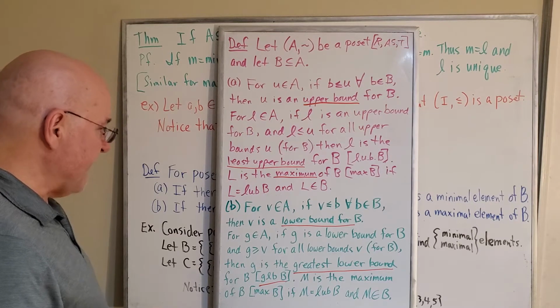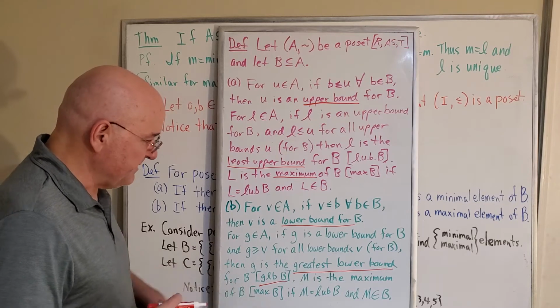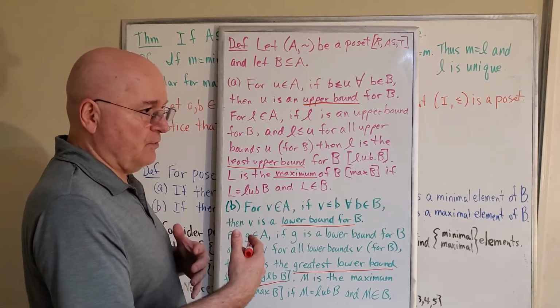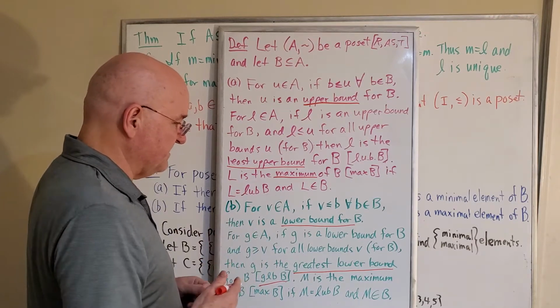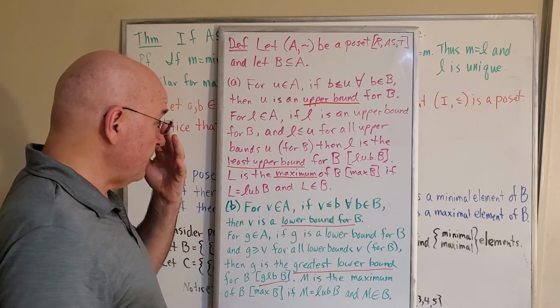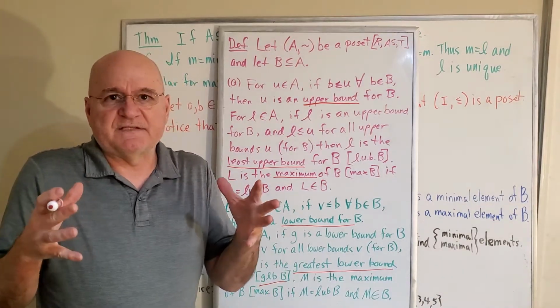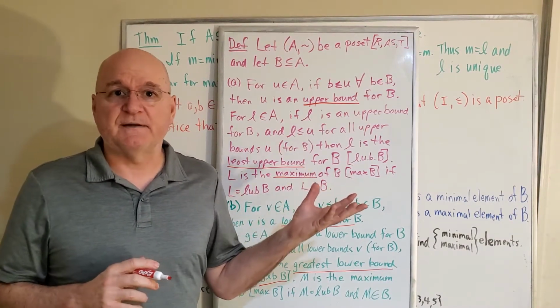M is the maximum of B, written max of B, if it is the least upper bound and it happens to be in the set B as well. So very simple. If you take the set of integers from 1 to 10, the number 50 is an upper bound.